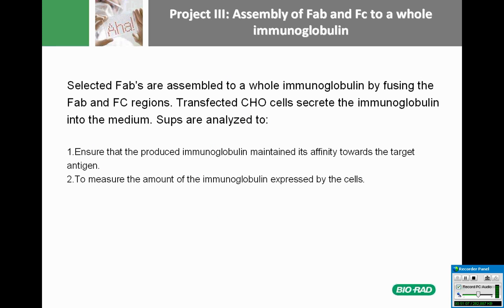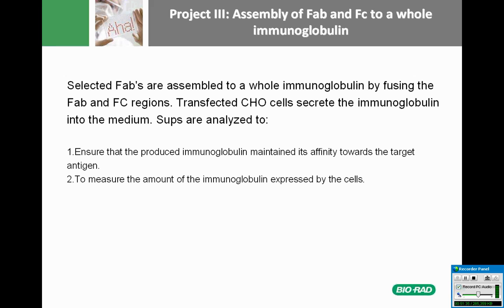The third sub-project was, as mentioned, to assemble the Fab fragment to its Fc region to create a whole immunoglobulin. In this sub-project, there were two goals. One is to ensure that the entire immunoglobulin maintains the affinity that the Fab fragment had, so that the affinity did not change.